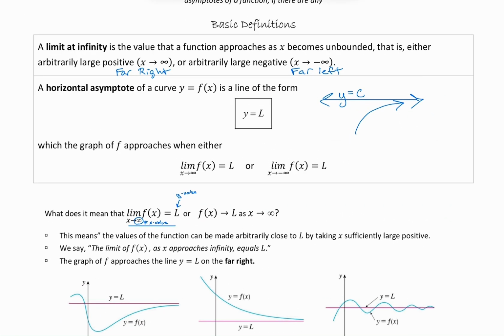So as we take the limit as x goes far right or far left, the line that we approach is a y value, and we express that horizontal asymptote as an equation of a line.